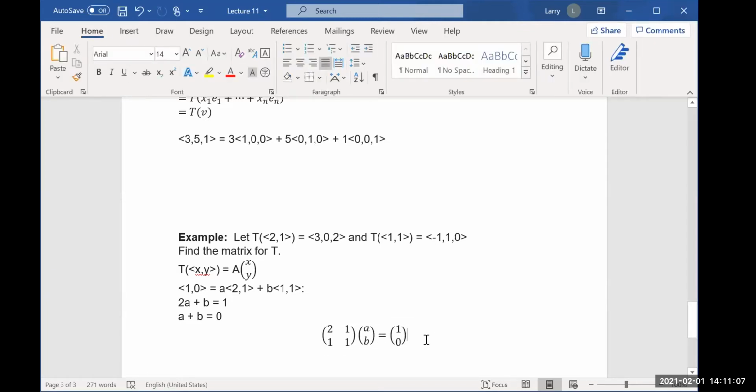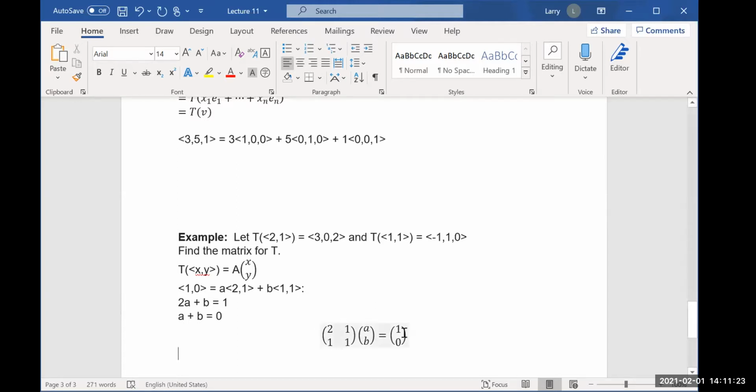All right, well, how do you solve that? Find the inverse of (2, 1; 1, 1). Exactly. So I'm going to find the inverse.